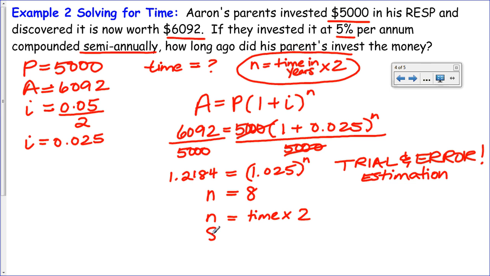So 8 is equal to time times 2. So what if I divide both sides by 2 here? Time is going to be 4, which means that his parents invested the money 4 years ago. So therefore, his parents invested the money for 4 years.